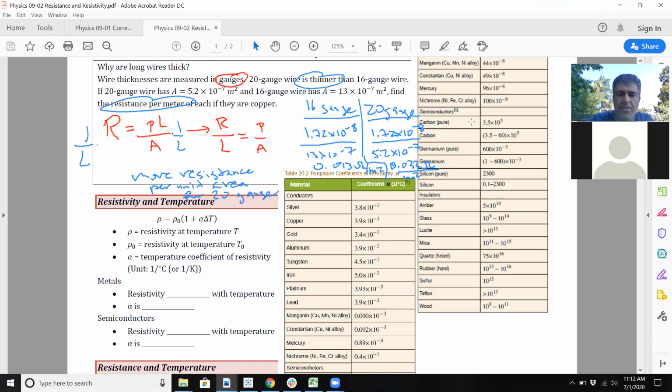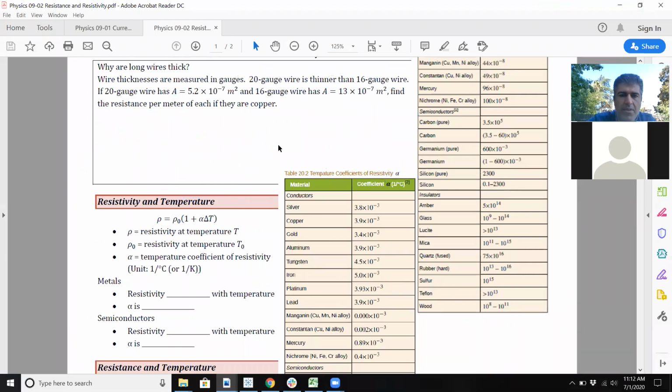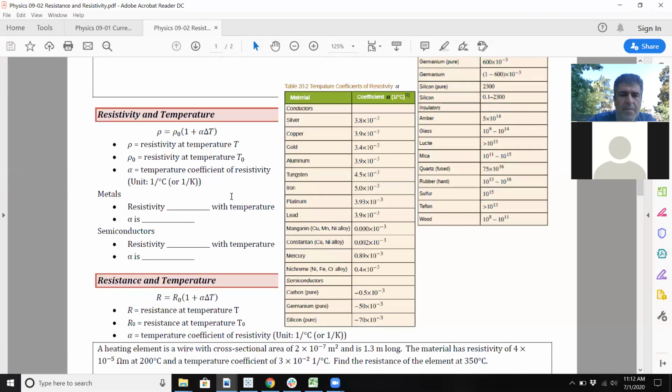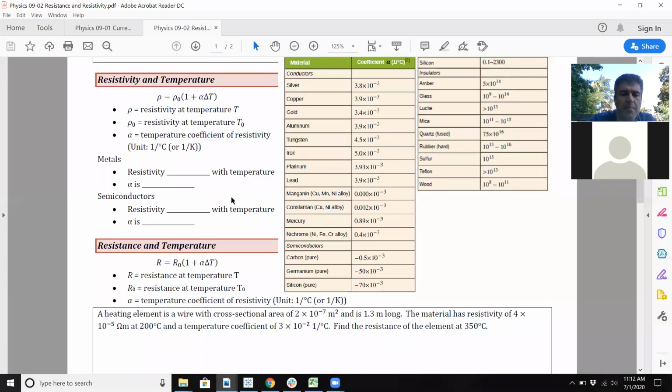Okay, let's keep moving with resistivity and temperature. We'll talk about it a little bit. So there's a formula that can be used to determine the resistivity based upon what the temperature is. So P is the resistivity at a certain temperature, P0 is the resistivity at a different temperature.